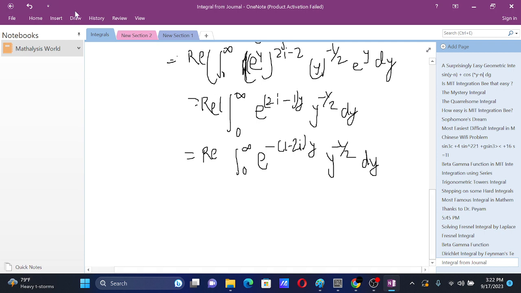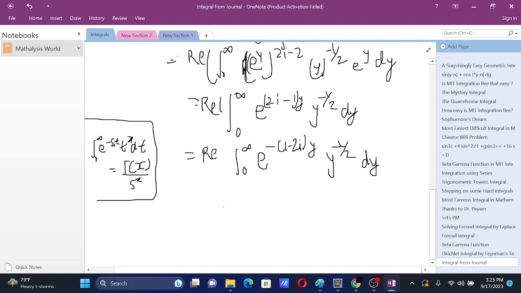Okay, now we know that the integral from 0 to infinity of e to the power minus st, t to the power x dt is gamma of x by s to the power x.